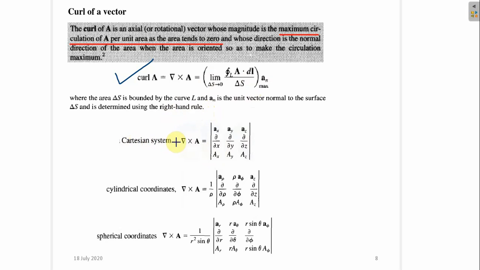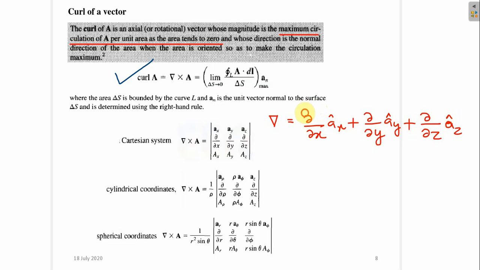So in the Cartesian system, we have del cross A. What is your del? Your del is del x ax plus del y ay plus del z az.